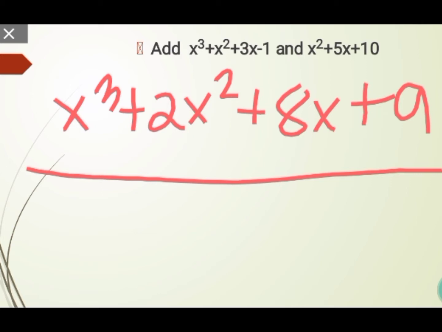Some students find it difficult to add if the sign is not the same, but later on I can teach you how to add with different signs. So in this case, the answer would be x cubed plus 2x squared plus 8x plus 9.